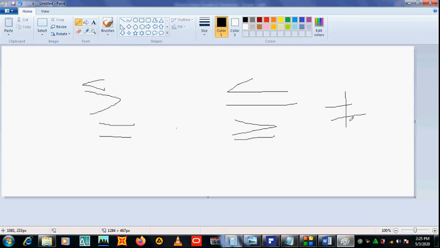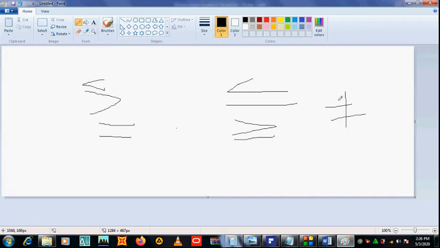These are the signs of inequality. This is a less than sign, this is a greater than sign, this is an equals sign, this is less than or equal to, this is greater than or equal to, and this is not equal.